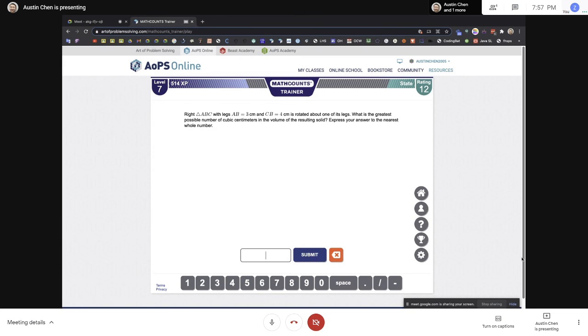How would you find the volume of it? I think you would be able to get two different volumes from this, wouldn't you? If you rotate it about one of the legs, you just have a cone.